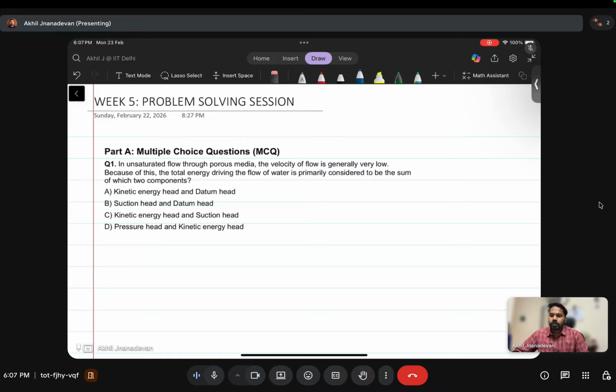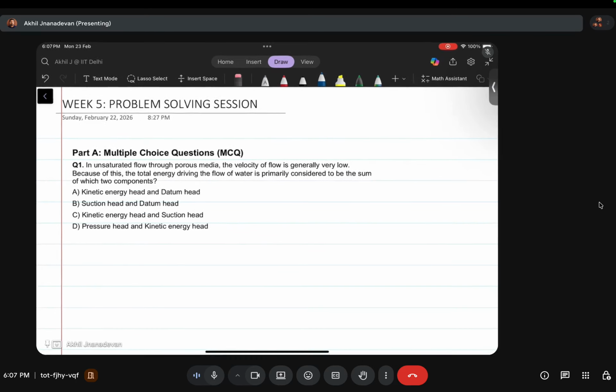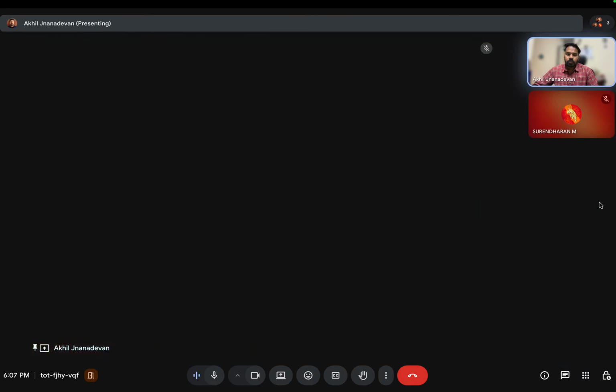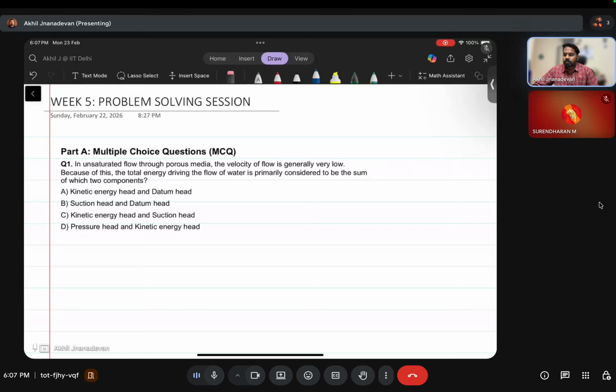Before modeling, we were introduced to a theorem that helps us apply these laws of motion to fluids, called the Reynolds transport theorem or RTT. And then we saw how each of the hydrological processes can be modeled with the help of this RTT.